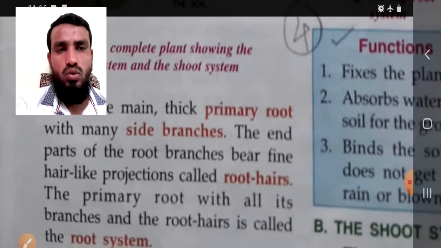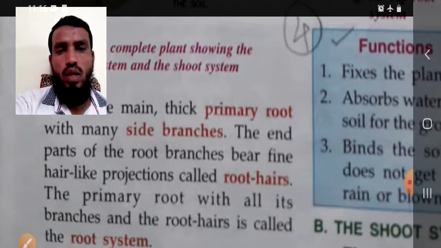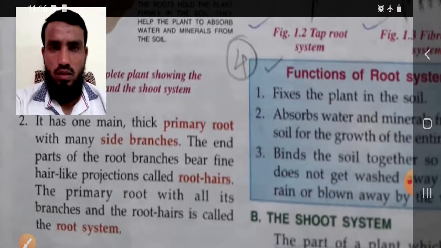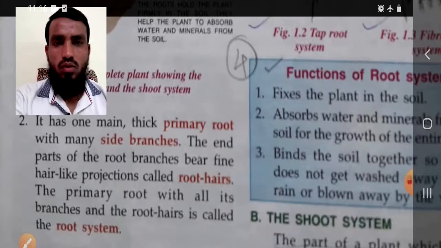The primary root with all its branches and root hair is called the root system, right? The main root, the side branches, and finally the attached hair-like projections all make up the root system.